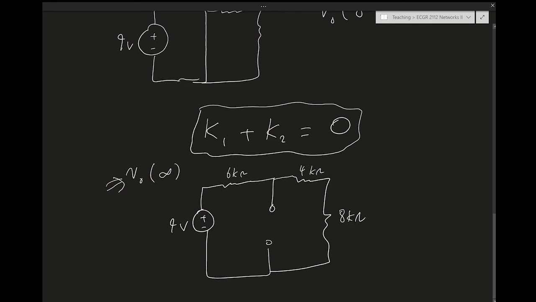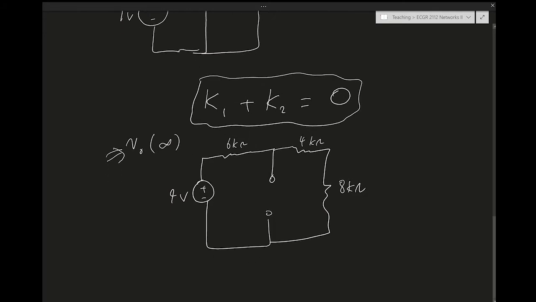Again, this is a hypothetical steady state. The circuit will never reach that steady state because we will have another transient happening before we reach it. But for the purpose of finding the form of the equation, we want to assume that the transient continues indefinitely until it reaches steady state.